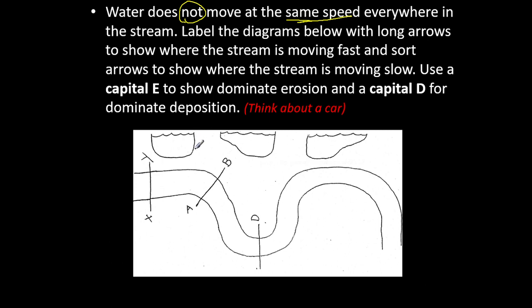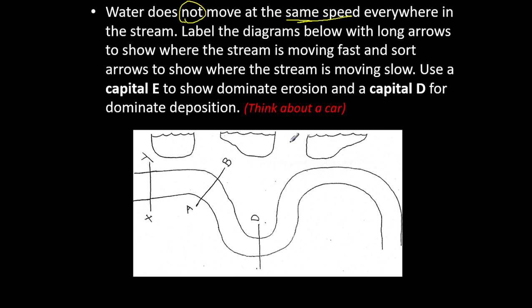Now, as we move to AB, here's where it changes a little bit. The water is moving as fast as it can this way, and now it's going to crash into this side. So it's going to crash into letter B, which if we're moving this way is on our left-hand side. So if we take a look at these two, which has water crashing or eroding into the left-hand side?